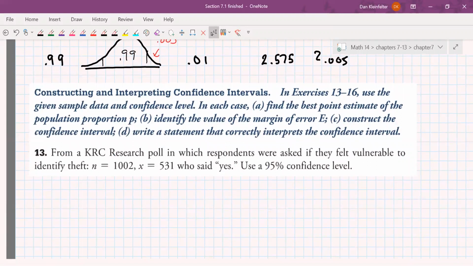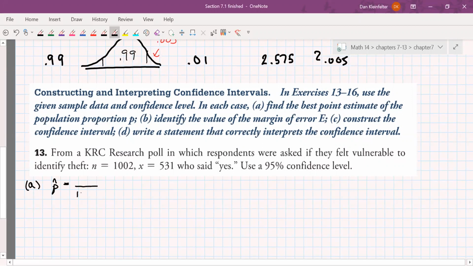It says use the given sample data and confidence level. Part A says find the best point estimate of the population proportion P. So the best point estimate is just the sample proportion. It says from a KRC research poll in which respondents were asked if they felt vulnerable to identity theft, the N was 1,002.